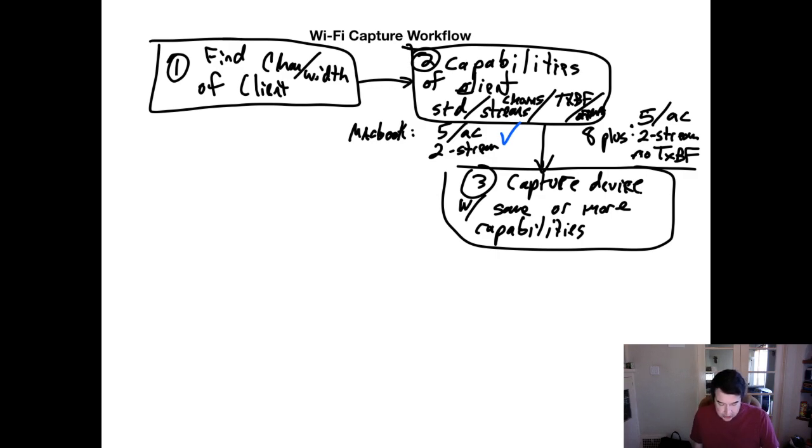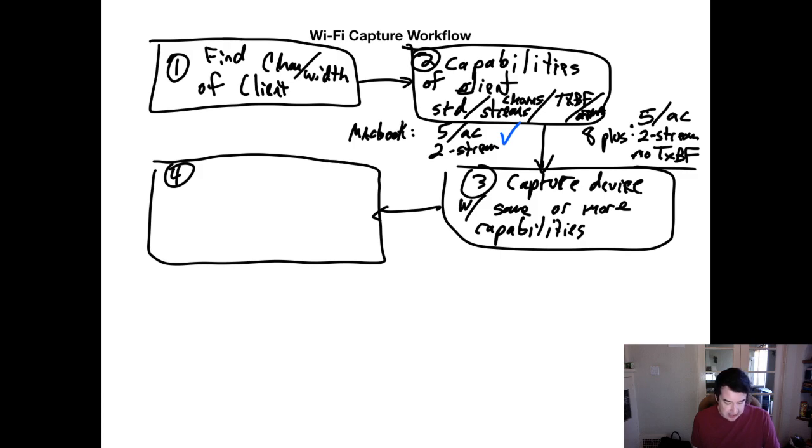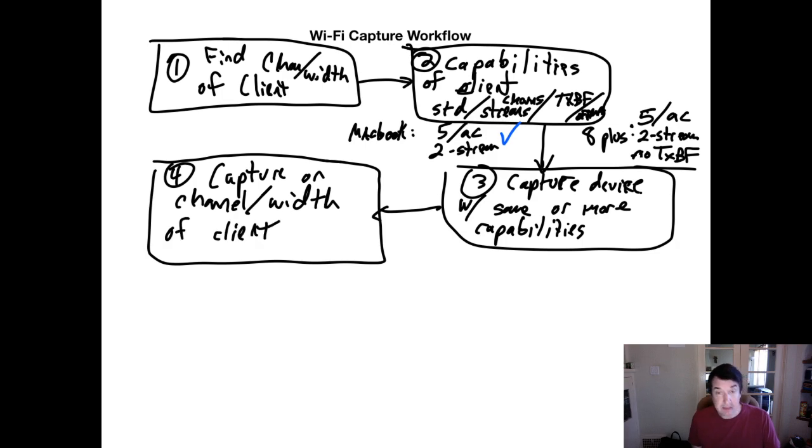Then what I next want to do, step 4 in my workflow here, is I want to capture on the channel and at the correct channel width of the client device. So I begin capturing on the channel with the correct channel width of the client device.